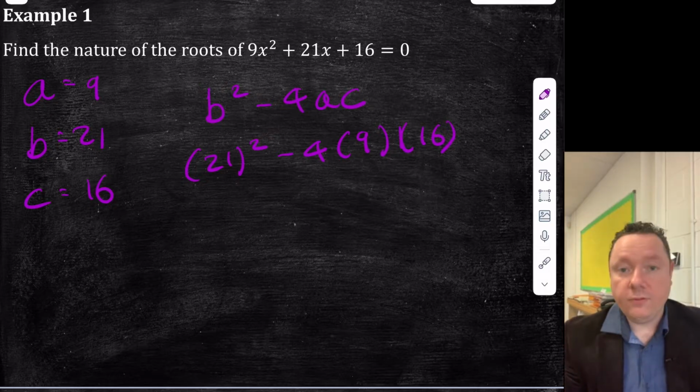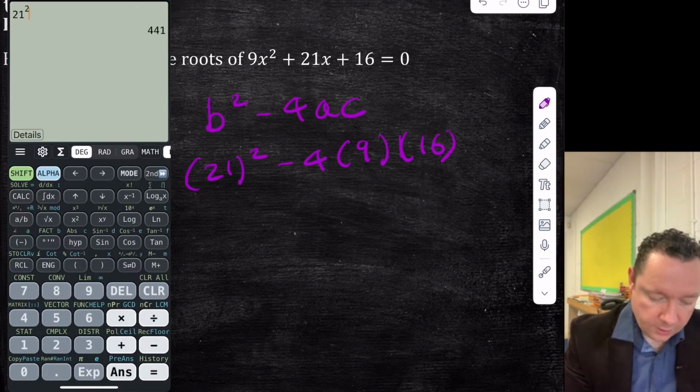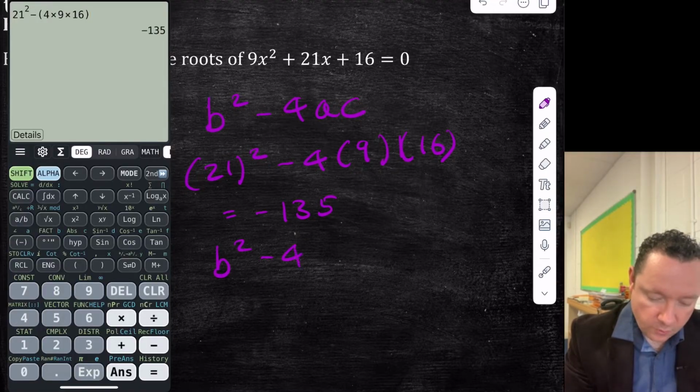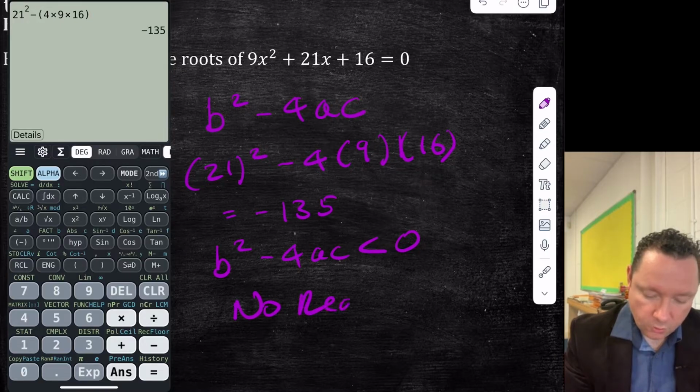Getting a calculator for that, it is minus 135. So since b squared minus 4ac is less than 0, no real roots.